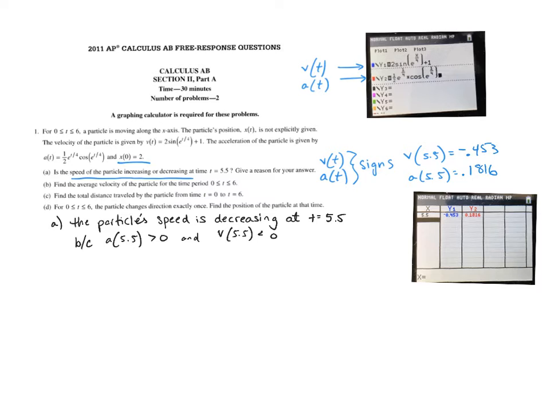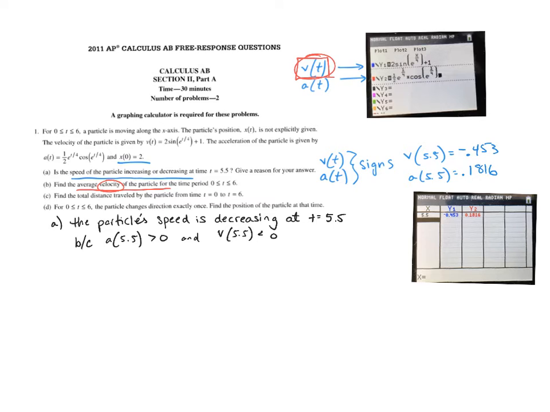Part B says find the average velocity. So when I think average velocity, and I have the velocity function, it makes it really, really easy to work this problem. Remember, when you have velocity, then I'm really just saying, hey, what's the average value?